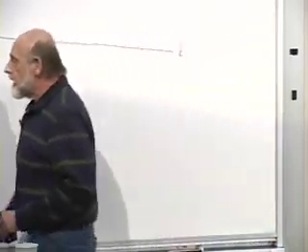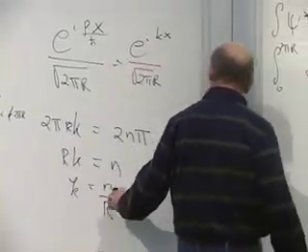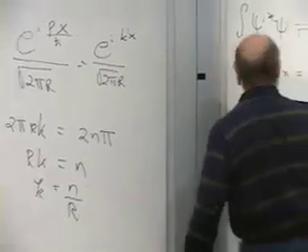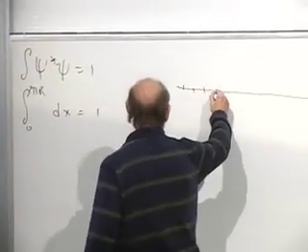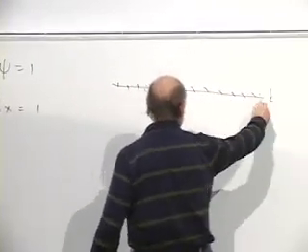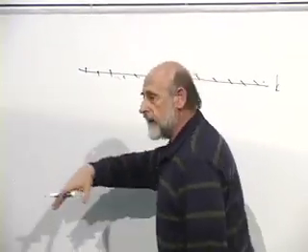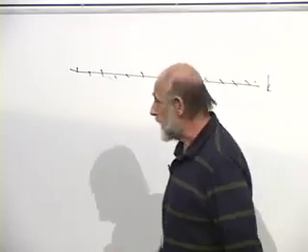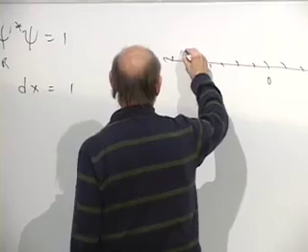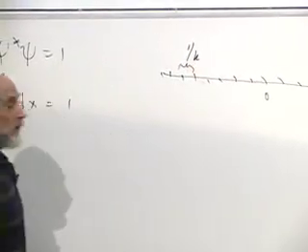They form a discrete collection with a spacing which is 1 over r. Those are the possible values of k, starting at 0, going off to negative infinity and positive infinity. And the separation between them is 1 over r.